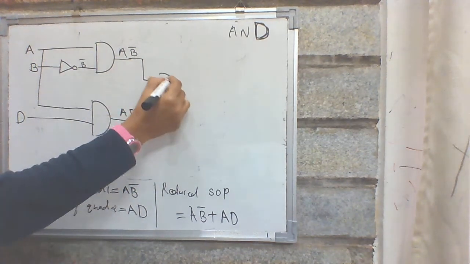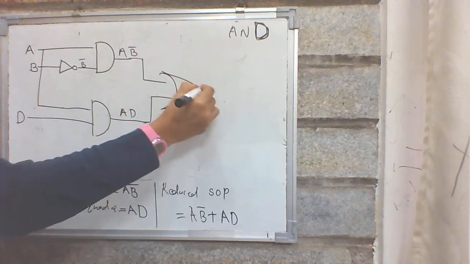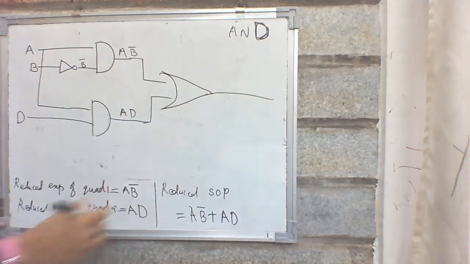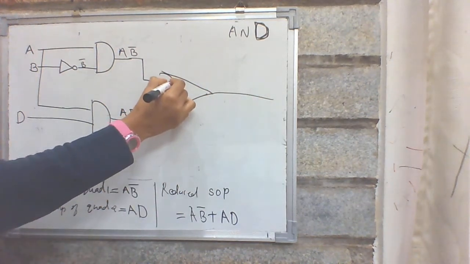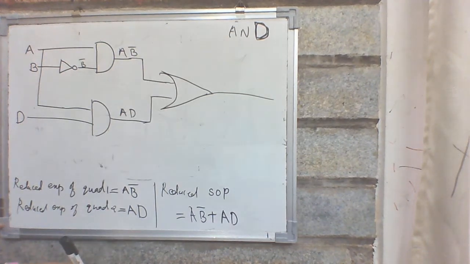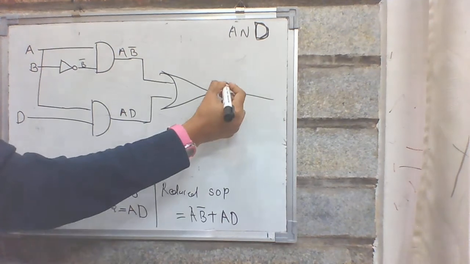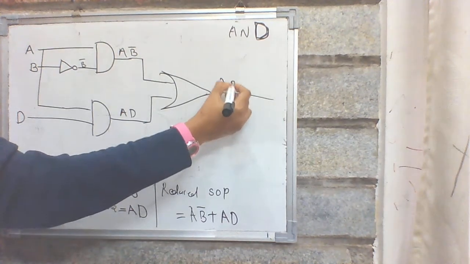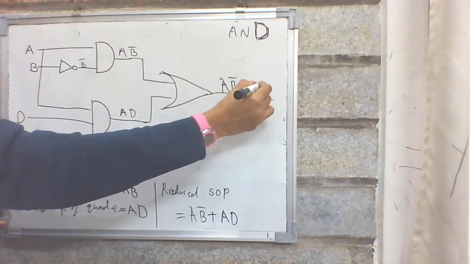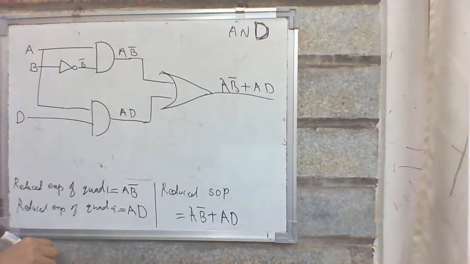Then how to draw the OR gate? Like this we can draw the OR gate. Okay, what will be the output? AB bar plus AD will be the output. Like this we can draw the logic gate diagram.